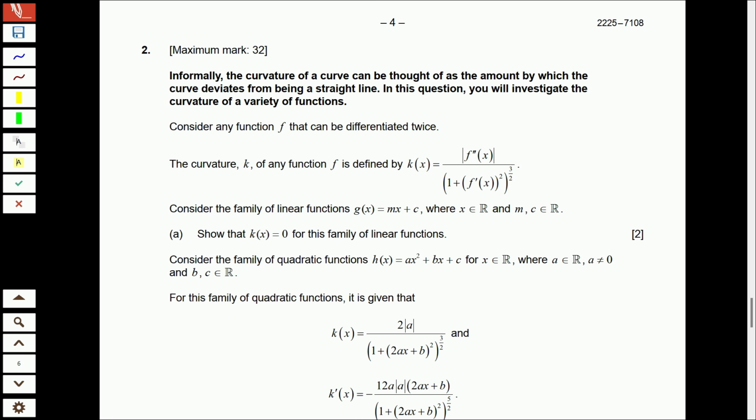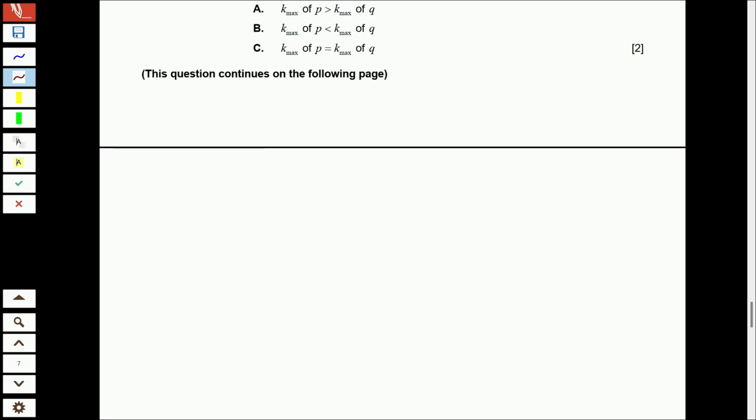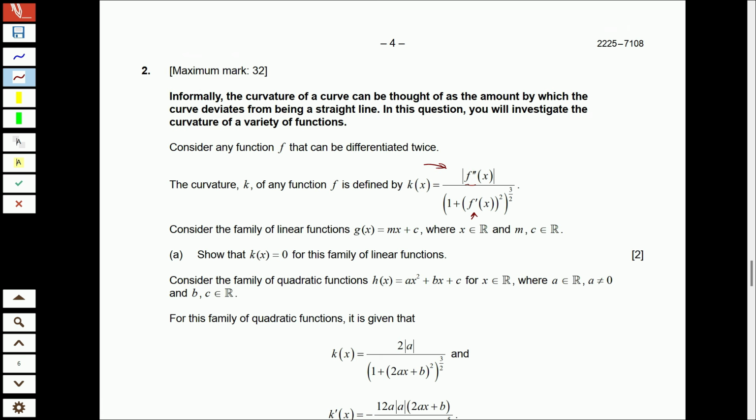As you see here, the curvature of a function is defined by this expression, and there is a second derivative in the numerator and a first derivative in the denominator. So let's find this. The first derivative of g of x, a linear function that starts with mx, is m, and the second derivative, the derivative of the constant m, is 0, right?